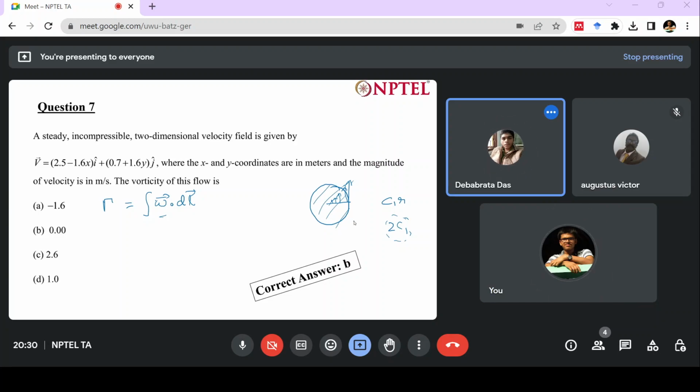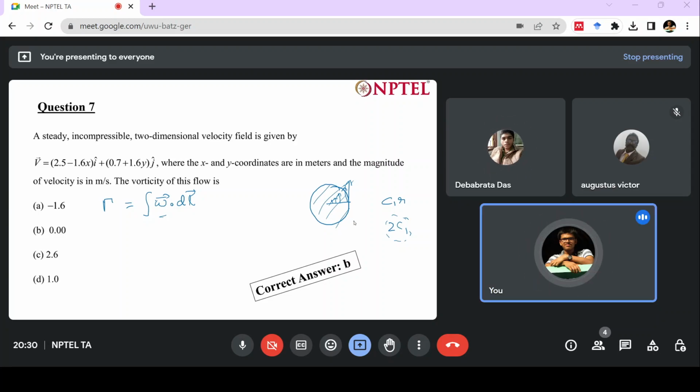Okay. So there is another interesting thing about circulation. Circulation is also used to calculate lift. So if there is non-zero circulation, and you have some body inside this, let's say you have an aeroplane wing. Aeroplane wings are many times drawn like this. This is a cross section of the wing.